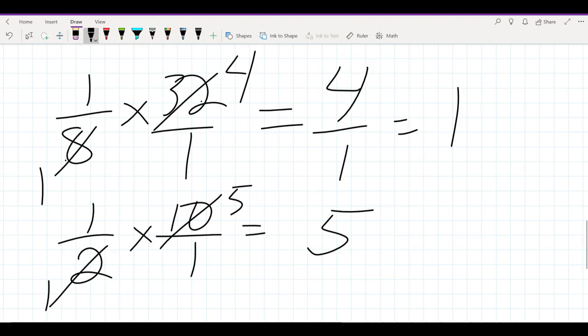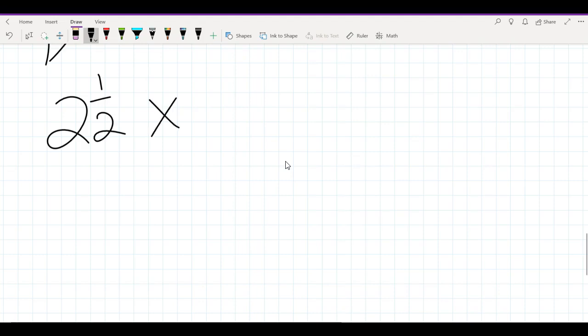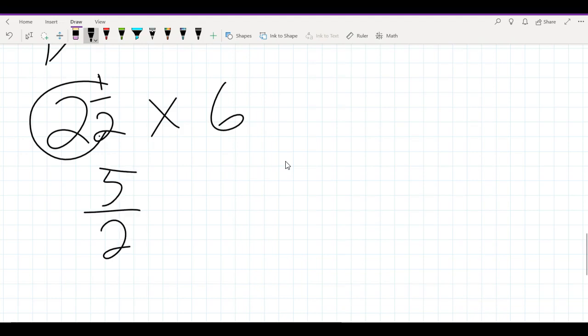Now, one other thing I wanted to mention, the reason we change the mixed number to an improper fraction. Say I have 2 1/2 and I want to multiply by 6. Well, if I change the mixed number to an improper fraction, I get 5/2, right? 2 times 2 is 4, plus 1 is 5.